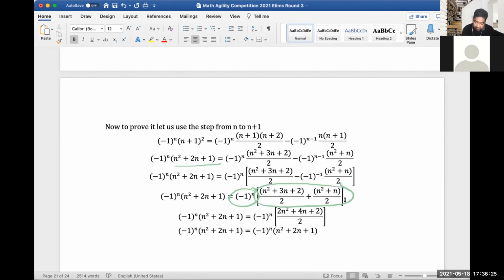So that will be equal to 2n squared plus 4n plus 2, divided by 2. If you divide the numerator by 2, you would get n squared plus 2n plus 1, which is equivalent to the left-hand side of the equation. So we have already proven that they are equal. All right, so let's move to the next.